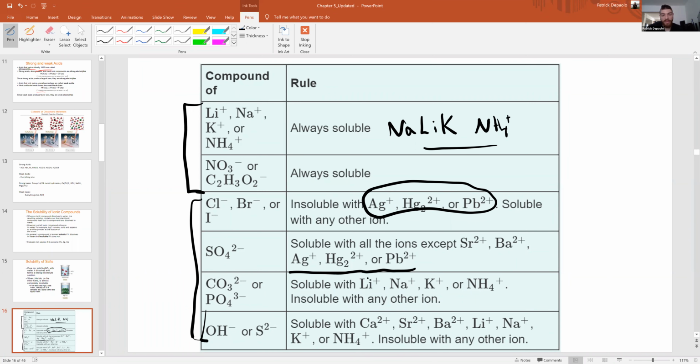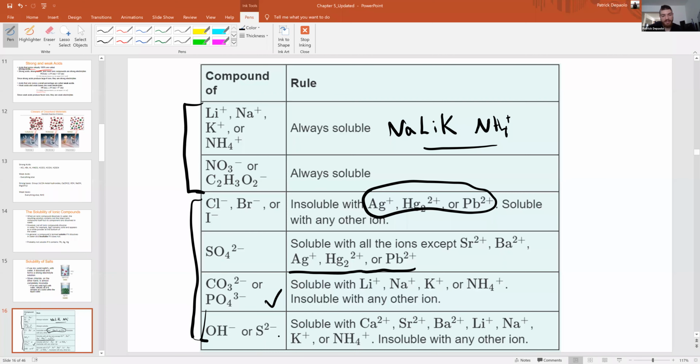They're soluble with Nalik and NH4, insoluble with everything else. Basically, if they don't conflict with the first rule that all these are soluble, then everything else is insoluble. So, all right, that's not too bad.